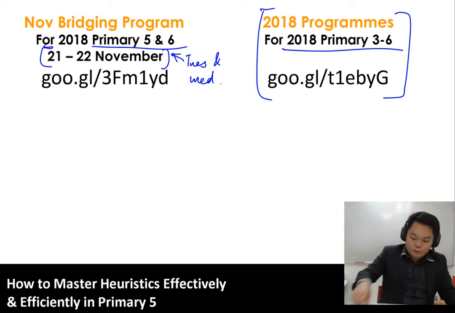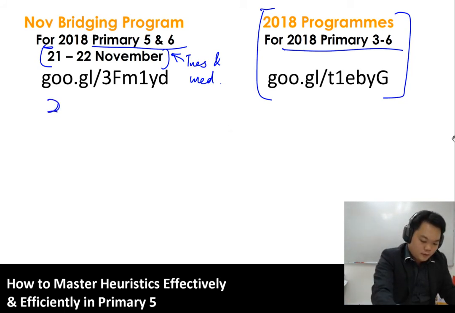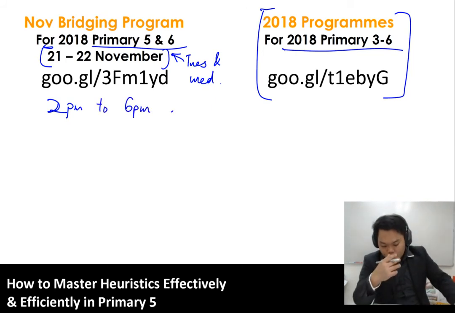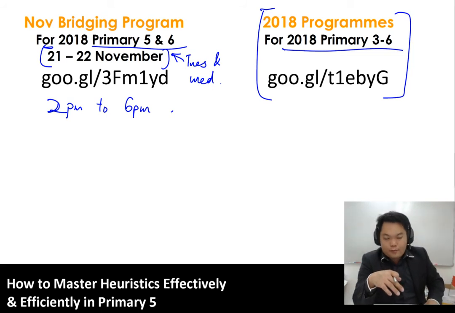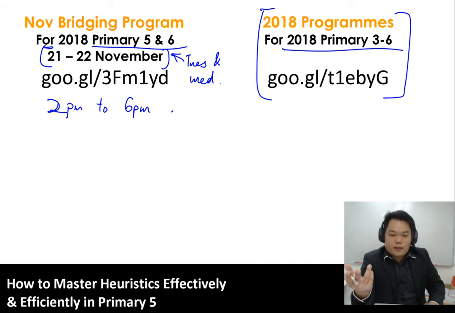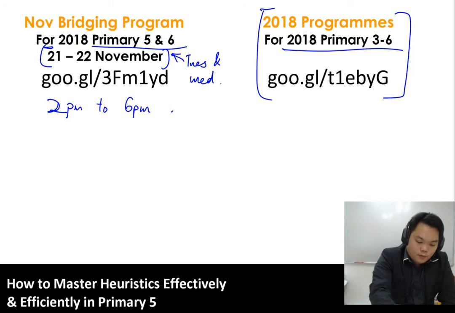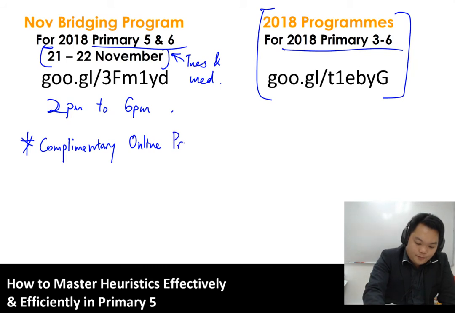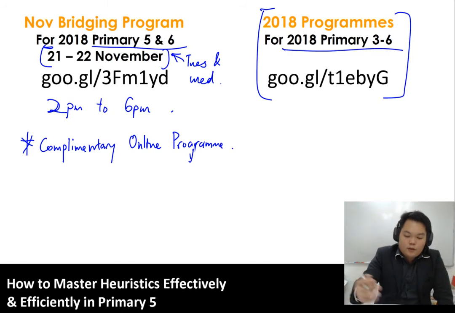What time is the bridging program? Okay, 2 p.m. to 6 p.m. By the way, for this bridging program, we know that we will only be seeing them for about 8 hours at most, over 2 days. So what we would be giving is the complimentary online program which we described earlier.